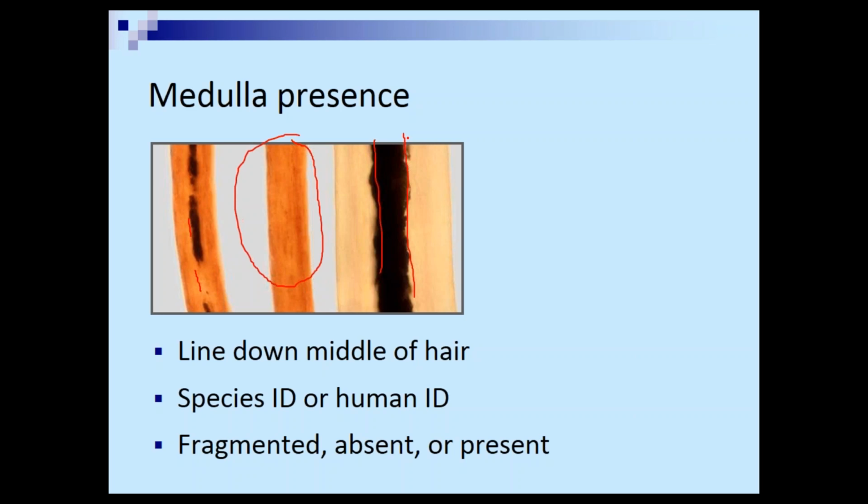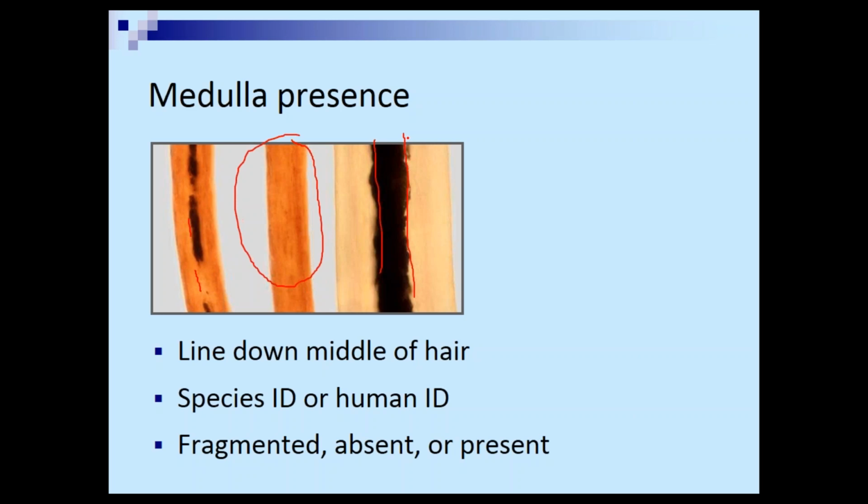Now, species ID or human ID. We're going to see this in several slides, so I want to explain what I mean. The medulla can be used to help differentiate species, meaning you can look at the medulla and draw a general conclusion: is this human, animal, and what type of animal? Unfortunately, the human type medulla is called amorphous.